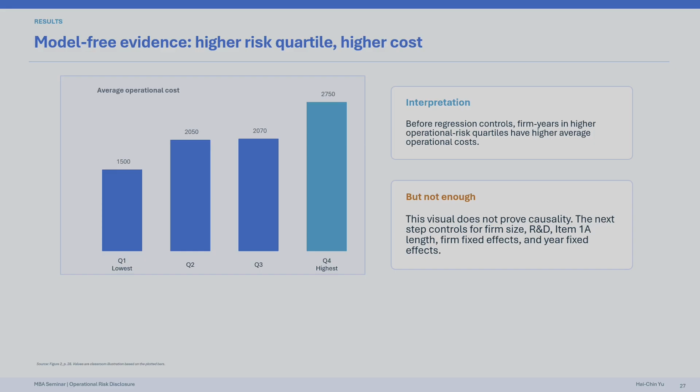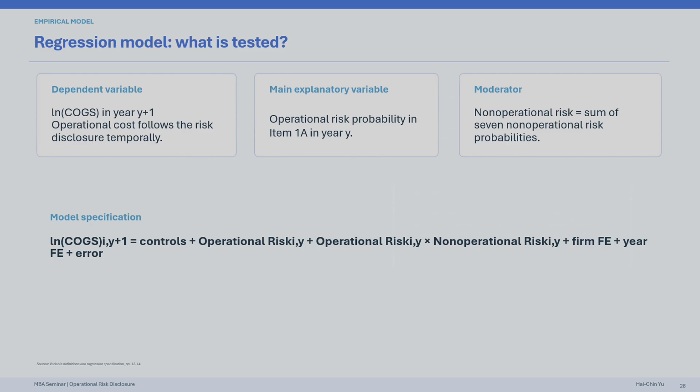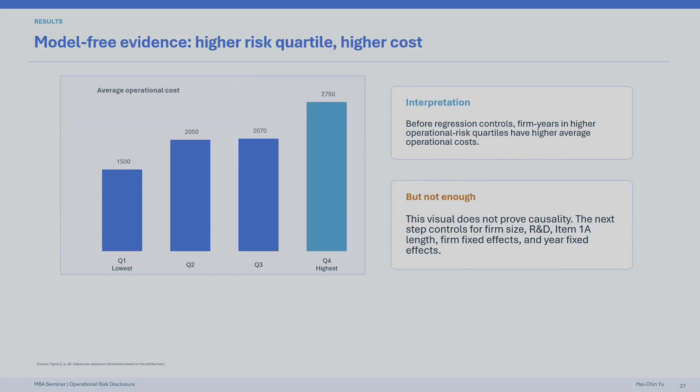If we separate the risk from low to high into Q1 to Q4, from low operational risk to high operational risk, we can see the operational cost is increasing. From the univariate test, we can see it is increasing already. And using the multivariate regression model to compare with the univariate test, the results are consistent.